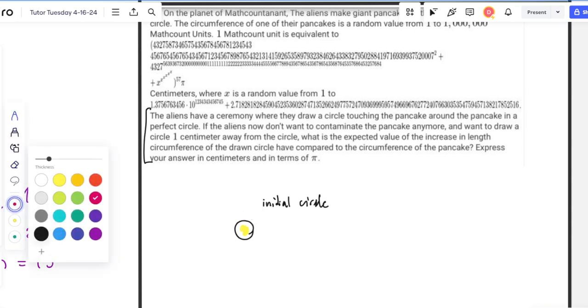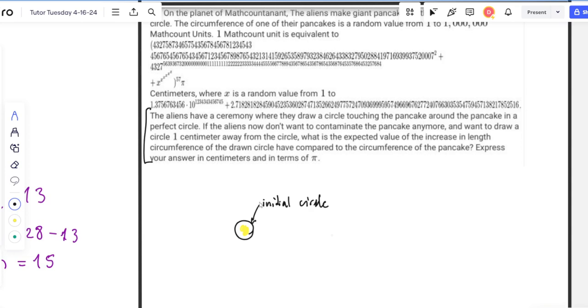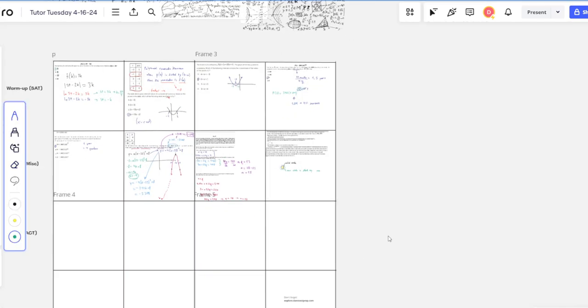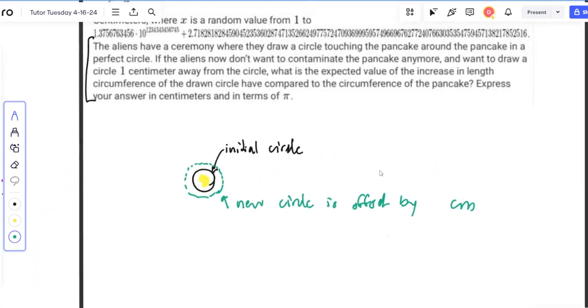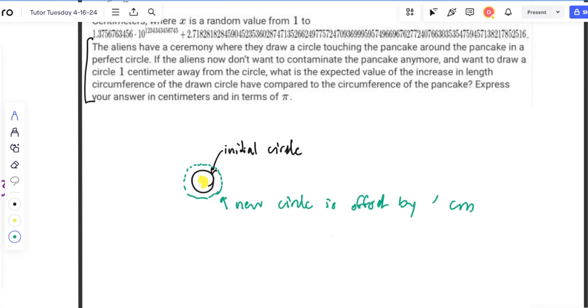So we have that's the initial circle. The new circle is offset by 1 centimeter. So it doesn't really matter what the original length of the circle was.